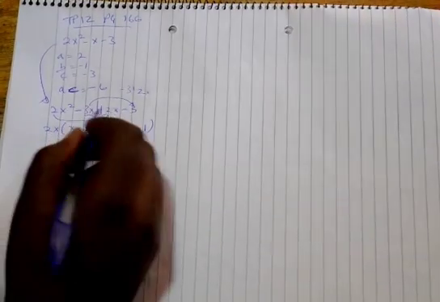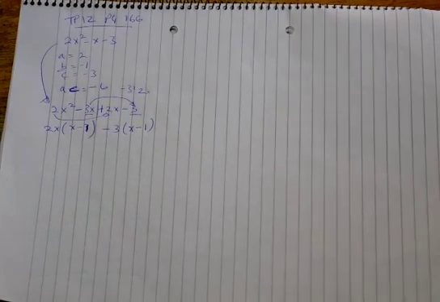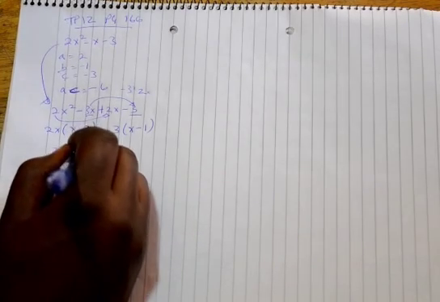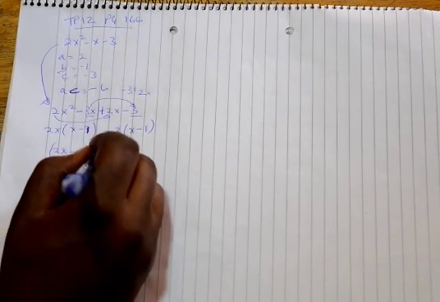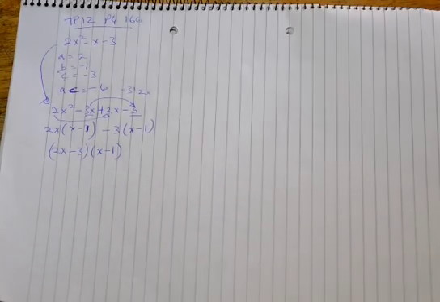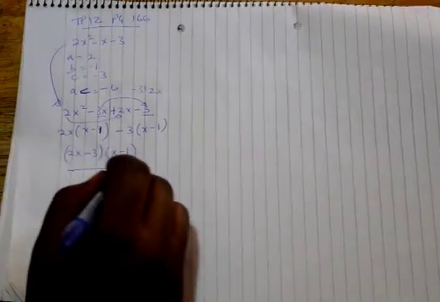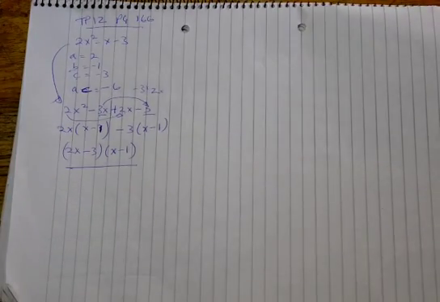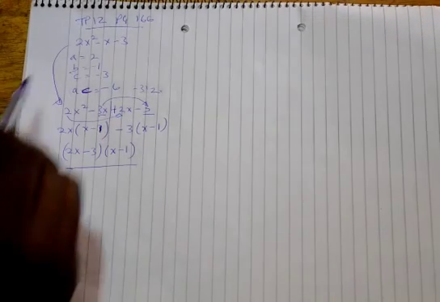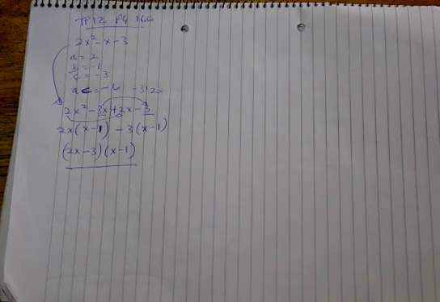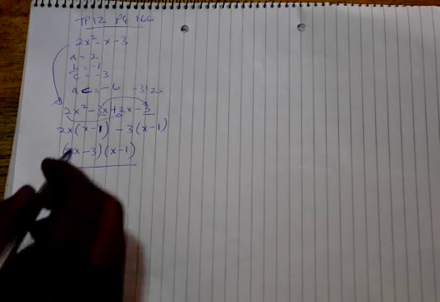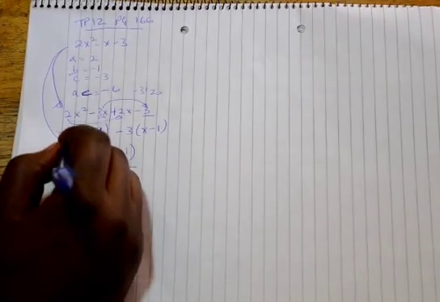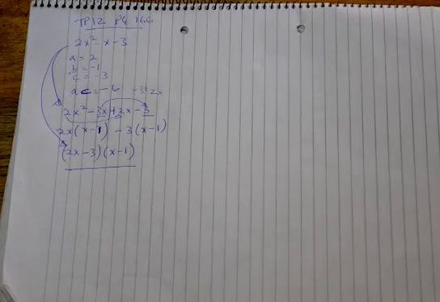So finally you find that we have 2x minus 3 into x minus 1. You can see that is not a perfect square, but that is how we have factorized 2x squared minus x minus 3. This one is equivalent to having that. So you can see those are 3 marks.